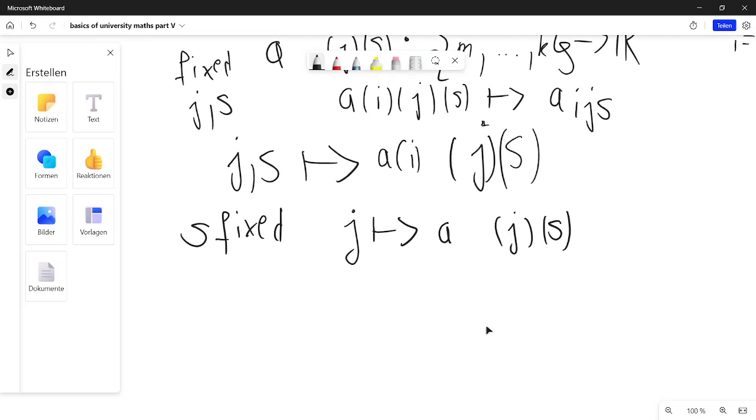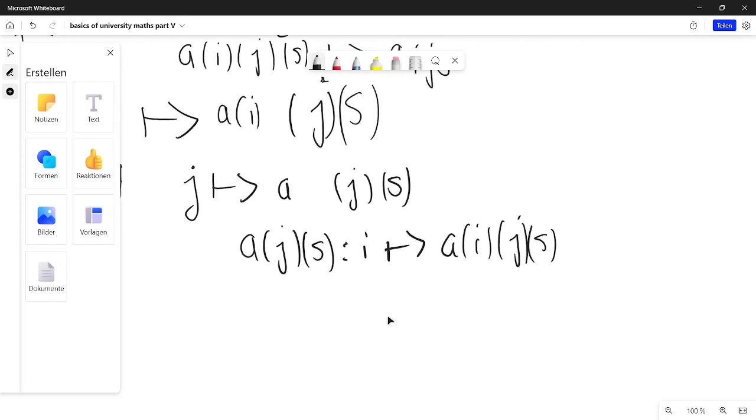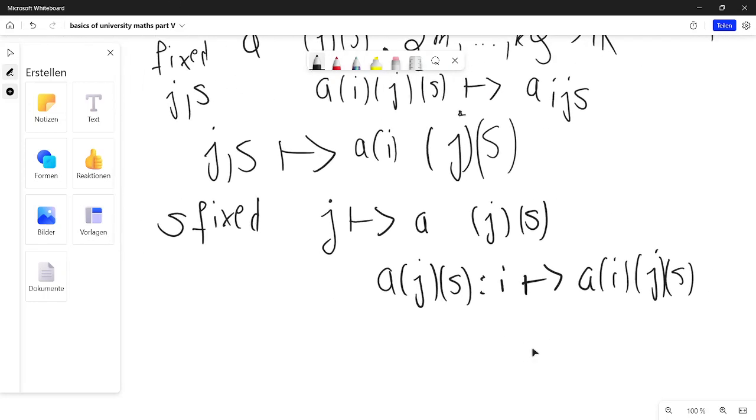What is this object A of J S? Well, we know what it is. A of J S just gives us a function that maps i to A_i of J of S. Right.